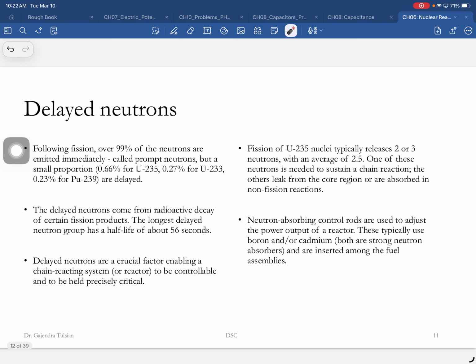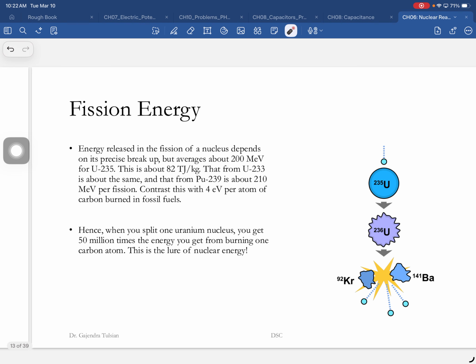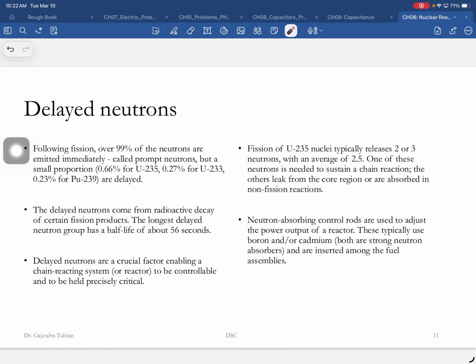All right, so delayed neutrons. We'll talk about two more slides and then we'll stop. Following fission, here is the fission reaction and here are the fission products.